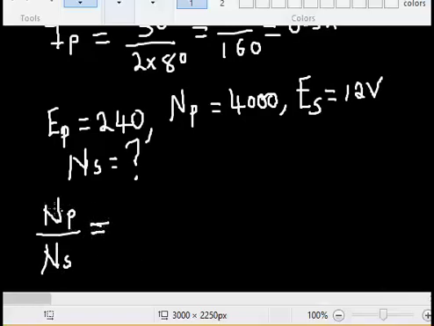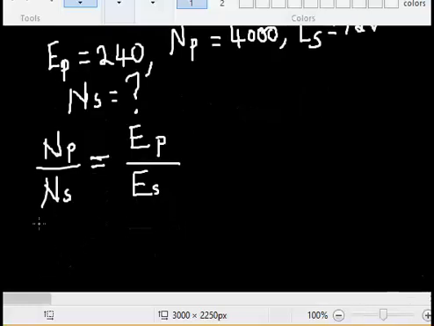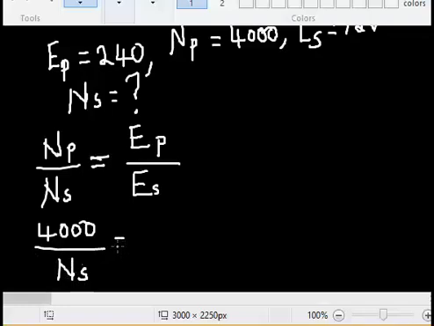So if I'm using NP all over NS, then the other side of the equation is still the same ratio, EP all over ES. So this is gonna be NP, 4000, and NS, that's what I'm looking for, EP 240, then of course ES 12.